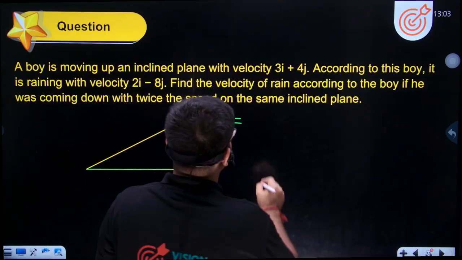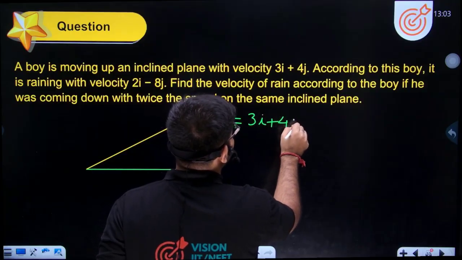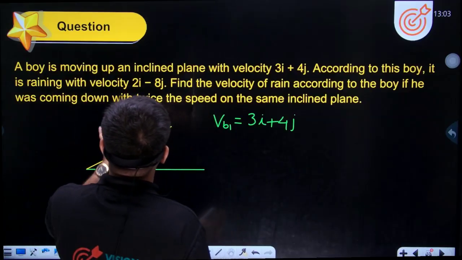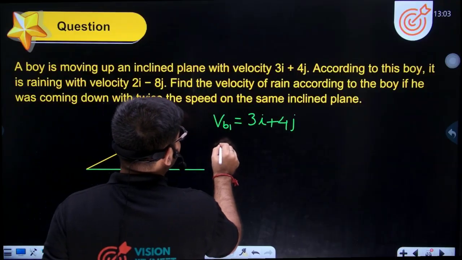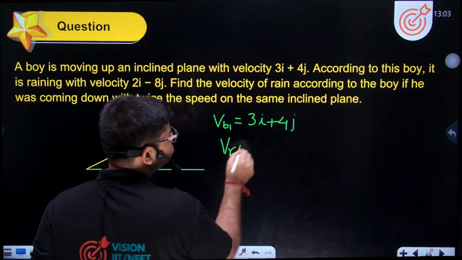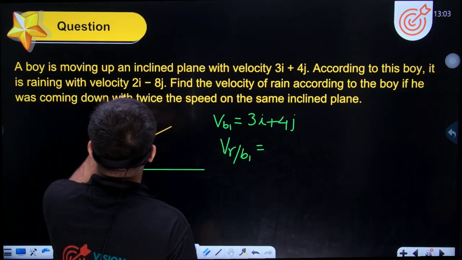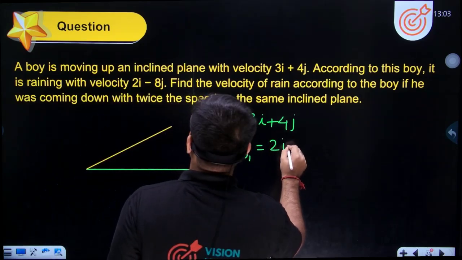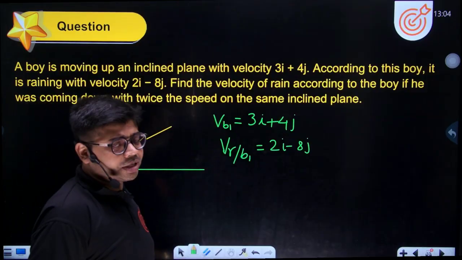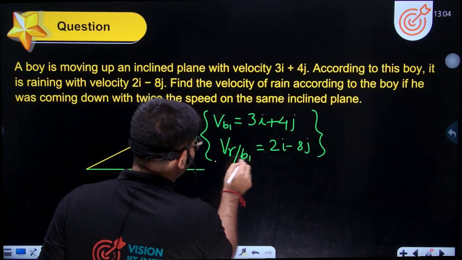That is given as 3i plus 4j. And according to this boy, it is raining with a velocity of 2i minus 8j. So the velocity of the rain with respect to the boy moving up, VRB1, is 2i minus 8j.